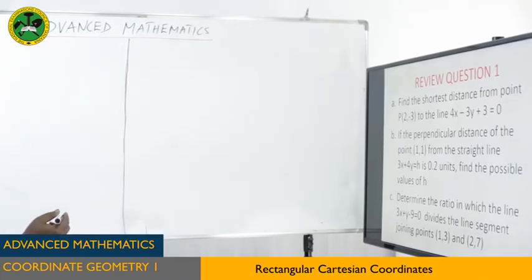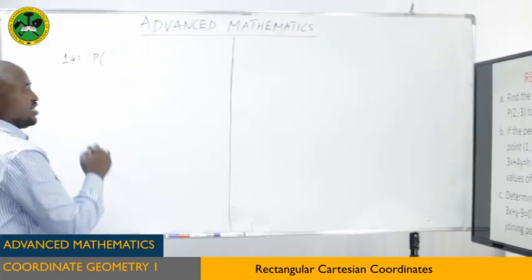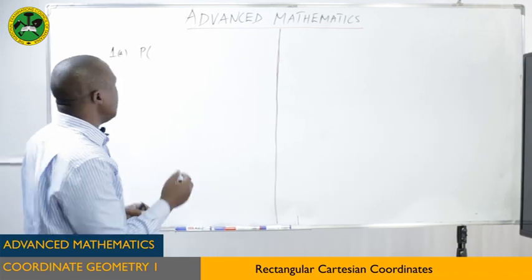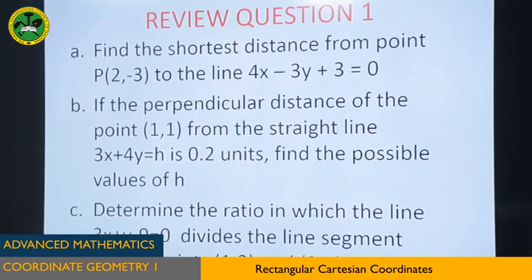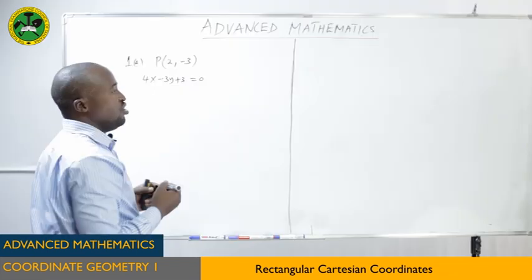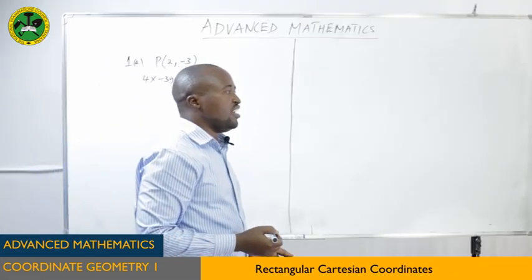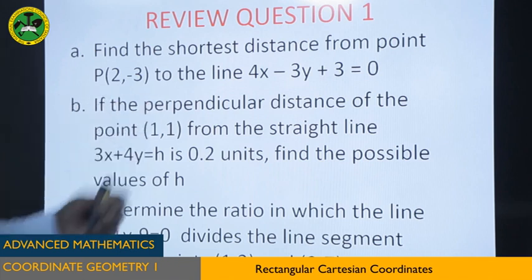So in this question, in the review question 1a, we've been given the point, that is point P. So point P is (2, -3). But again, we have a line. That line is named as 4x minus 3y plus 3 is equal to 0. So our interest is to find the shortest distance.